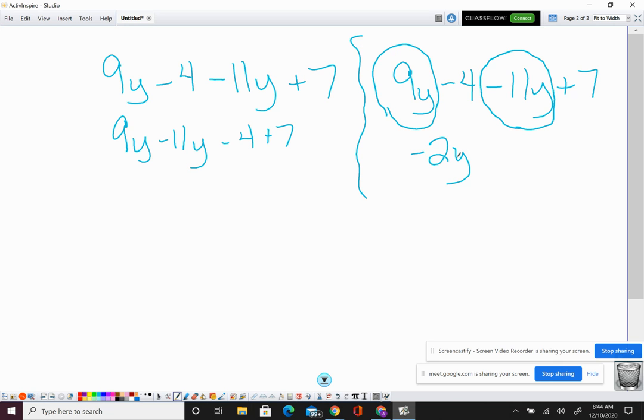So -2y. Then I'll go to the constant term. I have a -4. Where else do I have a constant term? Right there. -4 plus 7 is how much? +3. That's what I would do rather than doing this.